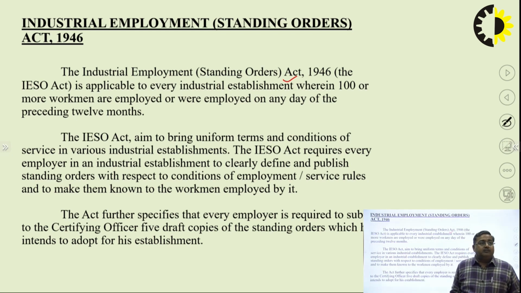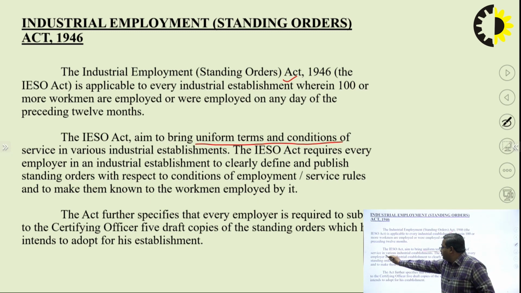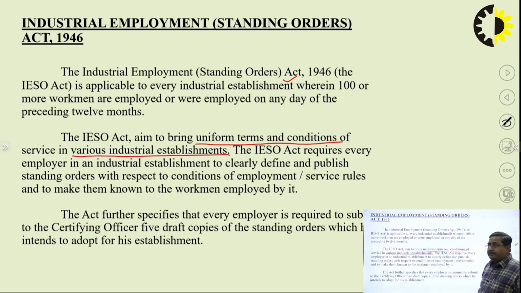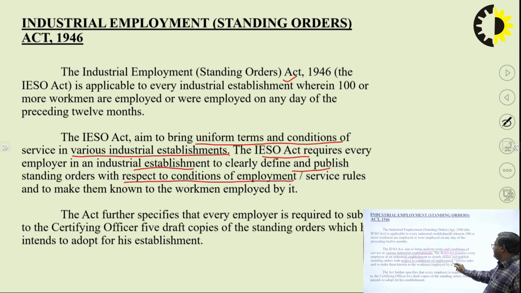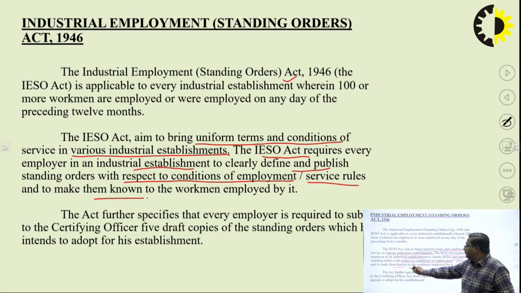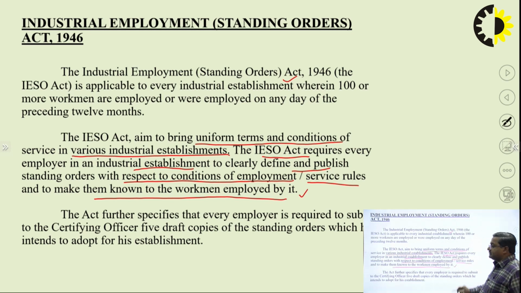The Act aims mainly to bring uniform terms and conditions of service in various industrial establishments. The IESO Act requires every employer in an industrial establishment to clearly define and publish standing orders with respect to conditions of employment and service rules, and to make them known to the workmen employed by it.